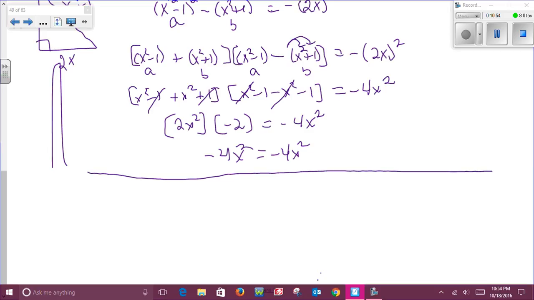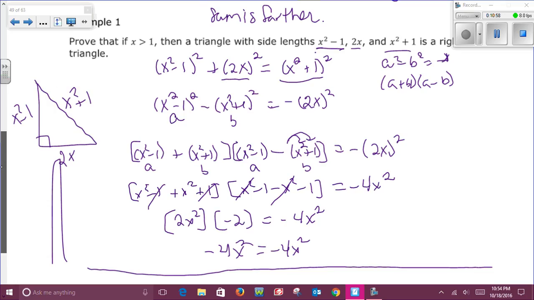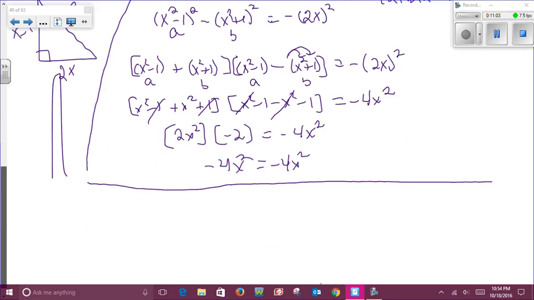I'm also going to do the same problem with a second approach. And I'm going to work with this equation up here. And I'm just going to bring it down as if this was the next step. So x squared minus 1, the quantity squared, is really x squared minus 1 times x squared minus 1.